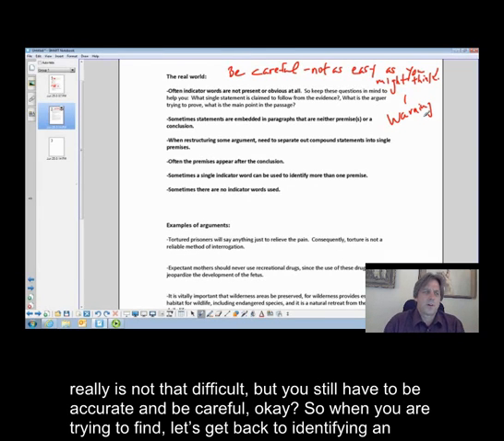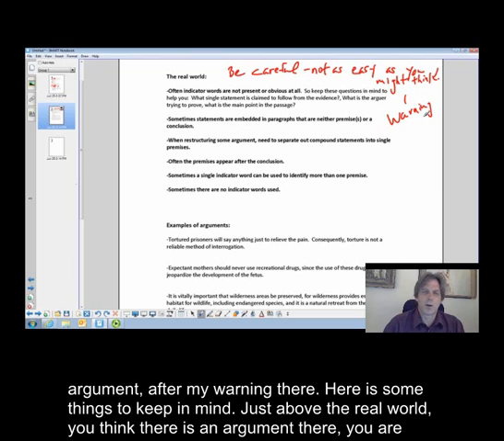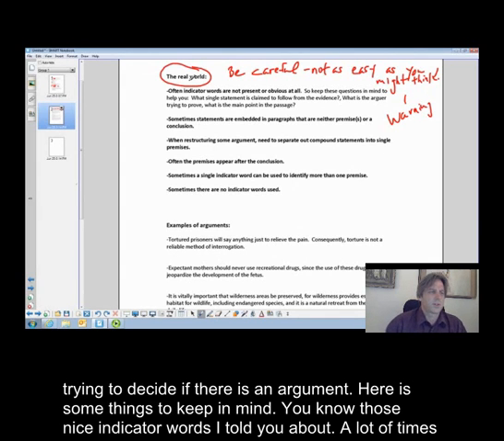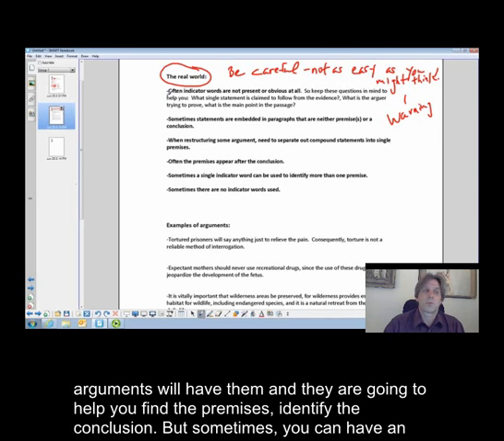So let's get back to identifying an argument after my warning there. Here's some things to keep in mind just about the real world. You think there's an argument there, or you're trying to decide if there's an argument. You know those nice indicator words I told you about? A lot of times arguments will have them, and they're going to help you find the premises, identify that conclusion.